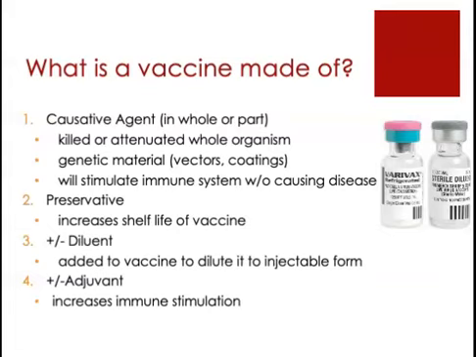Vector technology is very safe. There is no way that that shell of an adenovirus, that vector, can cause disease inside of us because it doesn't have genetic material anymore. And it works as a beautifully, naturally produced delivery device for other pieces of genetic material.